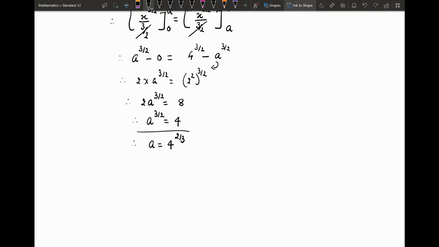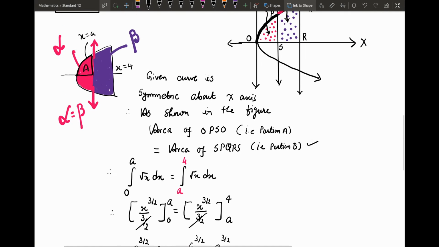So A equal to, so simply we have compared two portions, but the entire portion is symmetric about the x axis.